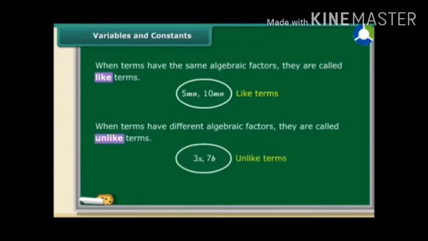Here x is there, 7b is there, so they are called unlike terms. Children, if the variables differ, they are unlike terms; if the variables are the same, they are like terms. This is very, very important. We can add and subtract only like terms. We cannot add or subtract unlike terms. Next I am going to show you examples of like terms and unlike terms.